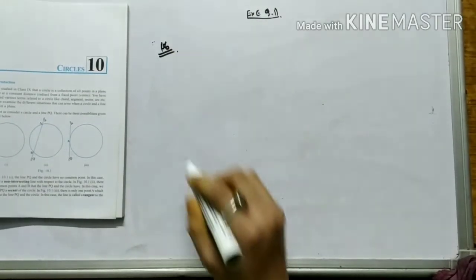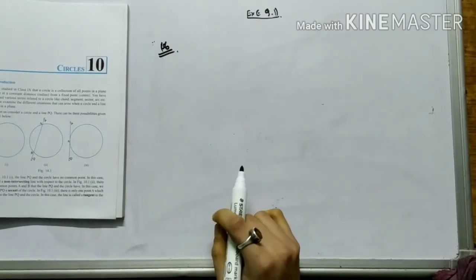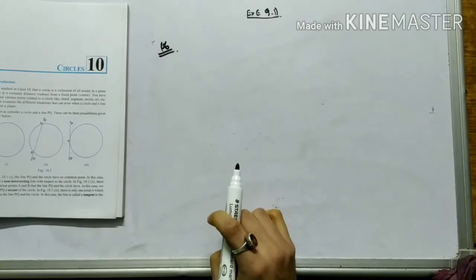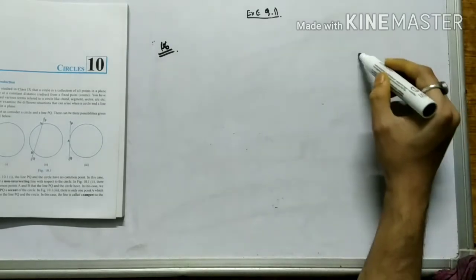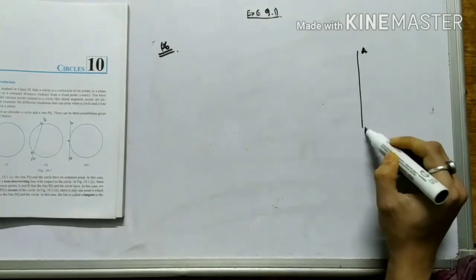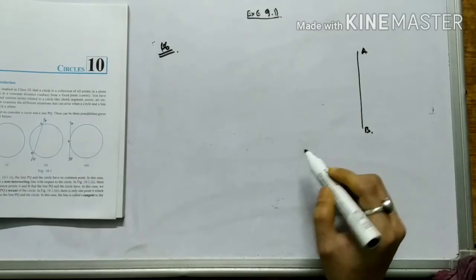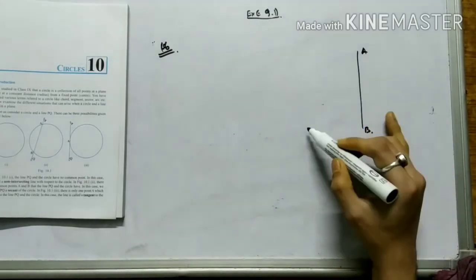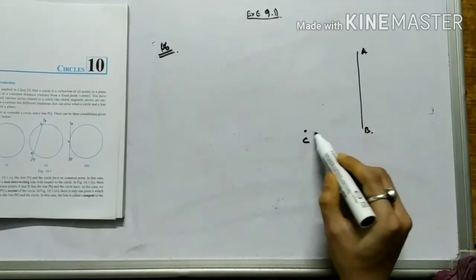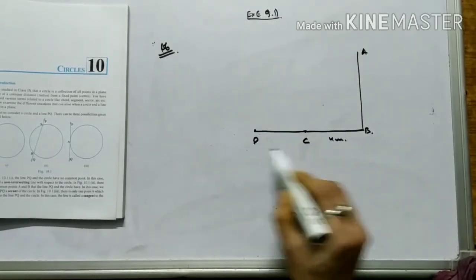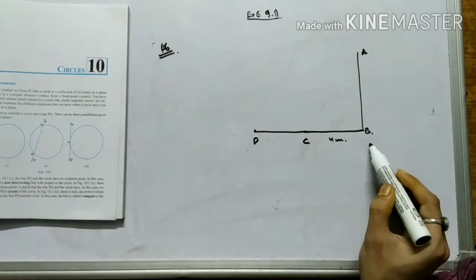Question number 16, the last question, says: the angle of elevation of the top of a tower from 2 points at a distance of 4 meter and 9 meter away from the base. Let's call AB the tower. One point, let's say C, is 4 meter away from the base. Another point, let's say D, is 9 meter away from the base.